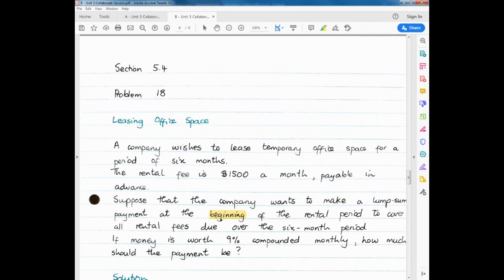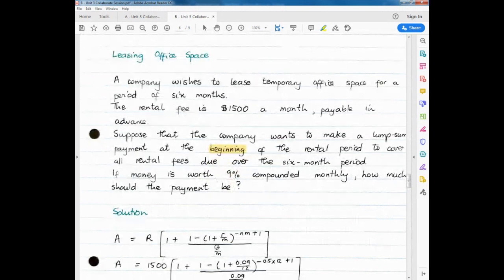So this is the present value for them to cover this 6-month rental. It's just the present value of an annuity due that lasts for 6 payments at an interest rate of 9% compounded monthly. Okay, so now that we have deciphered this problem, we can go and use our formula for an annuity due.